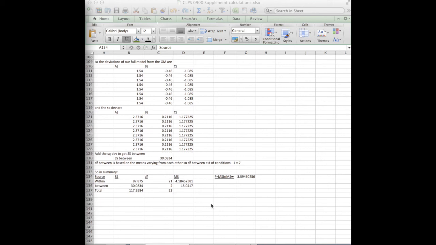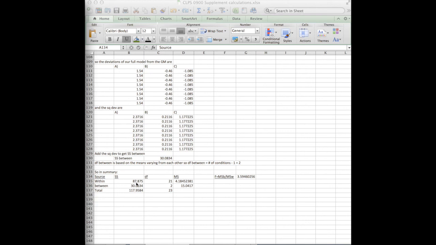And then now we're just going to summarize our work in one of these tables. And so we have the sources of the variation, so within and between, then the sums of squares that we calculate for each of them, the degrees of freedom that we calculated, and then to find the mean squares, having everything in this table form is very helpful because all you have to do is divide across the row.